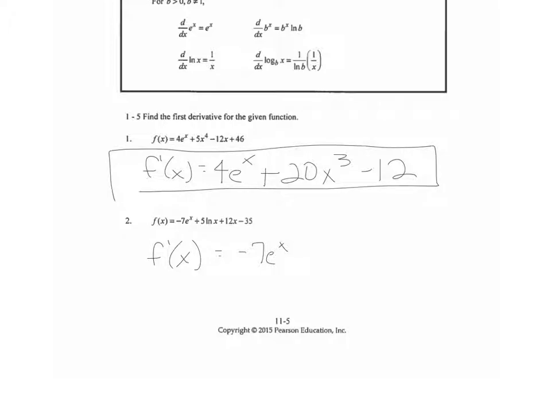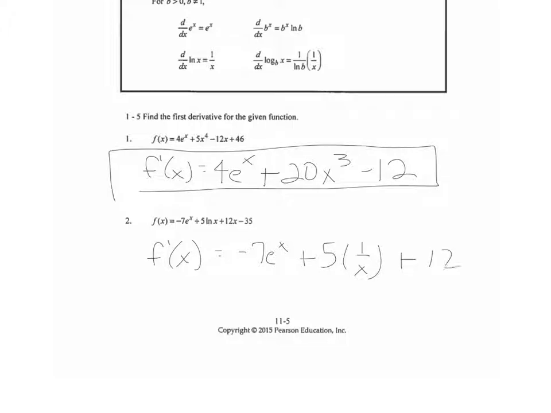How do you think we differentiate 5 times the natural log of x? Excellent. So plus 5 times 1 over x, because we keep that constant multiple or that scalar 5, and then when you differentiate the natural log of x, it becomes 1 over x, plus, how do you differentiate 12x?